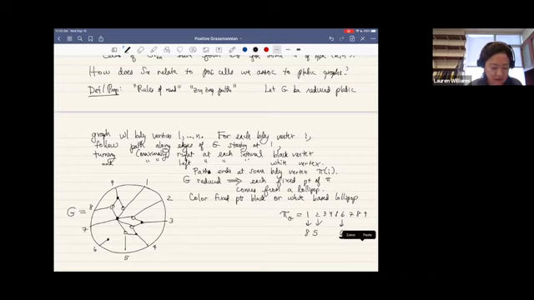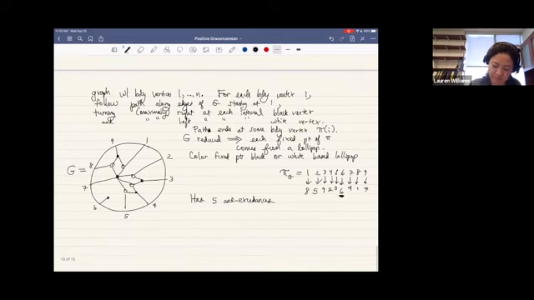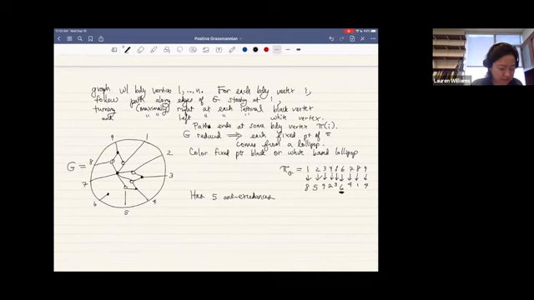So if you follow the recipe, then you will get the following permutation. And this permutation has anti-exceedances.